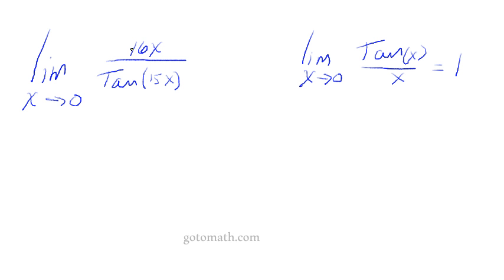And so now what we're going to do is use this fact right here that this is equal to 1. This is going to get a little tricky because we've got 16x and 15x here. What I'm going to do is pull this 16 out front and just get it out of the way.